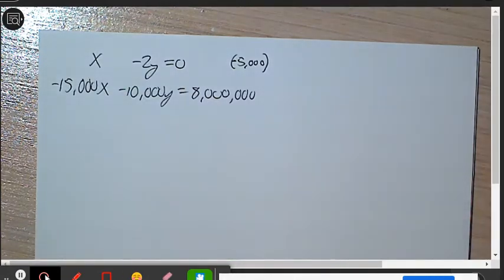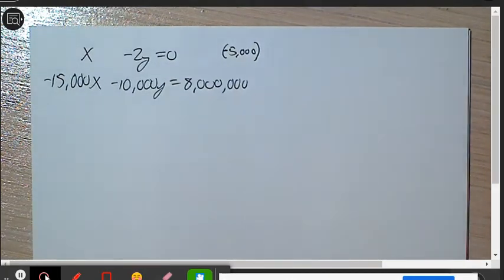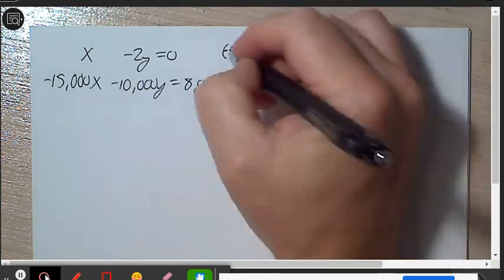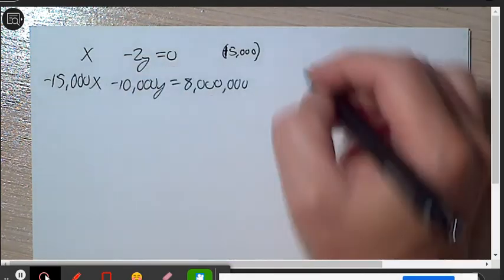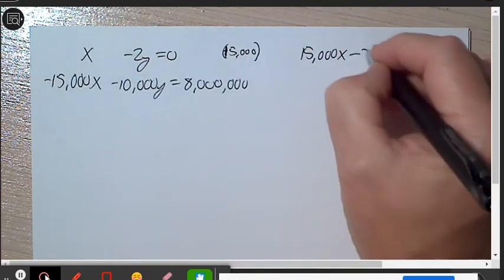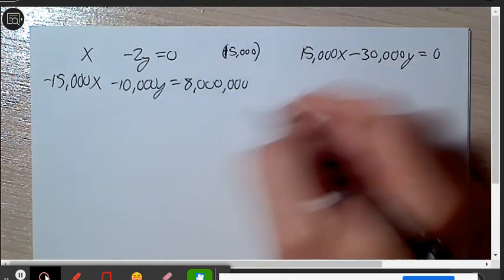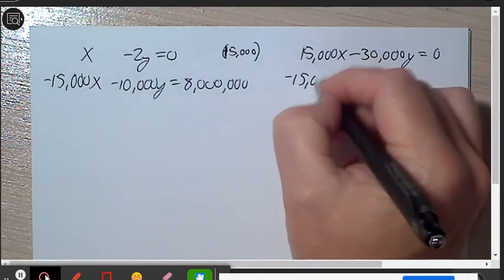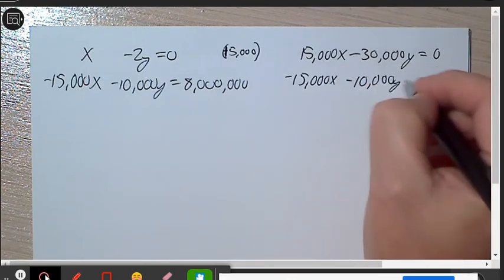So, if you don't like changing signs, sometimes you're bad about forgetting the negatives, then maybe in this case you want to multiply by 15,000. And that way now we've got 15,000x minus 30,000 y equals 0. And this will be negative 15,000x minus 10,000 y equals 8 million.